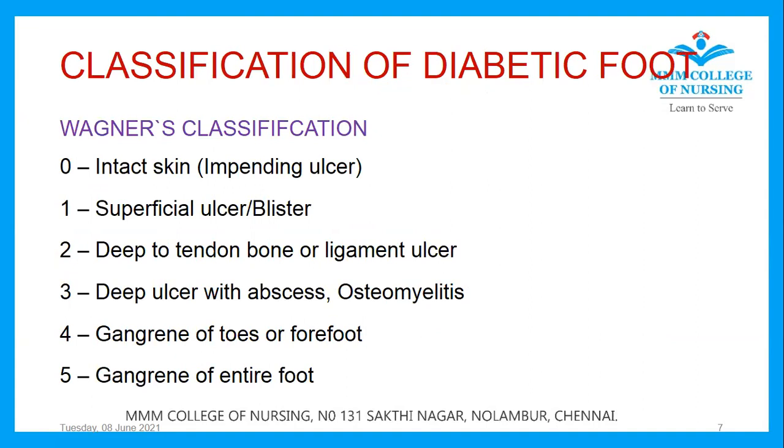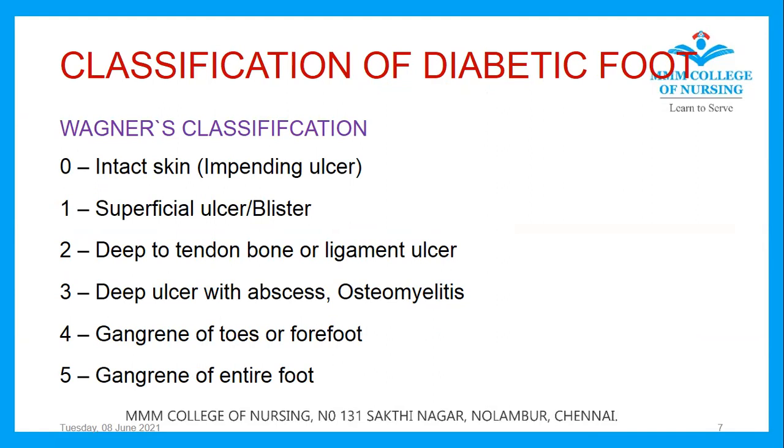There are many classifications to classify the diabetic foot, but now we are going to see Wagner's classification. If the skin of the foot is intact, it can be graded as 0. Grade 1 means superficial ulcer or blister. Grade 2, deep ulcer to tendon, bone or ligament.